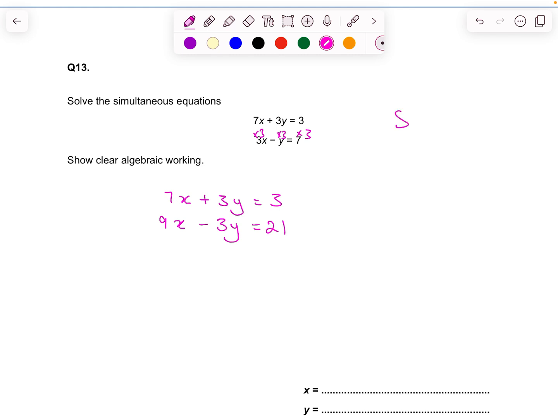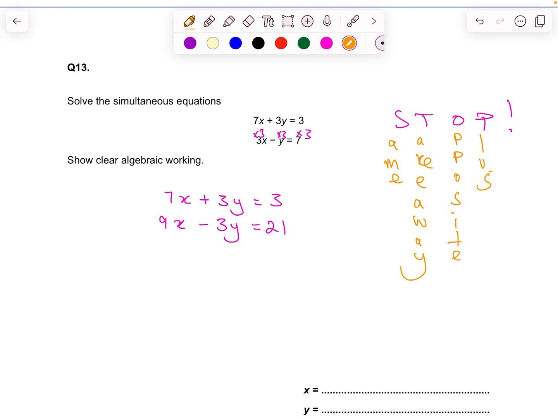And then remember our SSOD. So if they are the same, take away. Opposites, plus. Okay, so they're the two things you need to remember. Same, take away. Oh, sorry, I've messed that up. You get opposites plus.